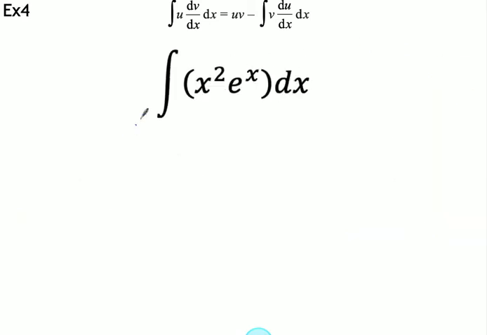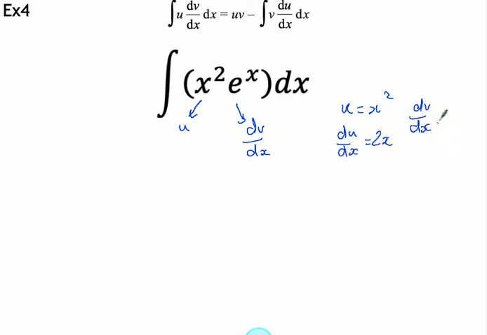Okay, so this one's slightly different, I guess. So hopefully we can identify straight away that this is definitely going to be u, because e to the x does not simplify, does not become more simple, it becomes itself. So u is x squared, du by dx is 2x, dv by dx is e to the x, and v is e to the x.